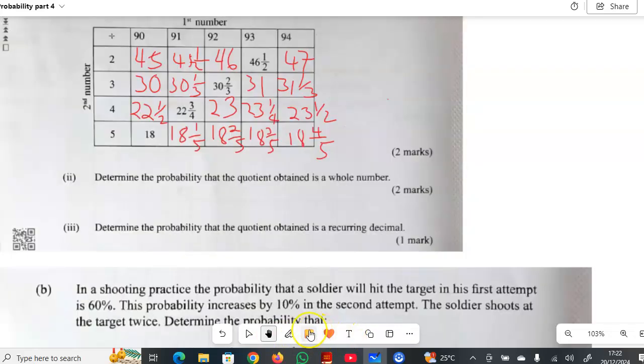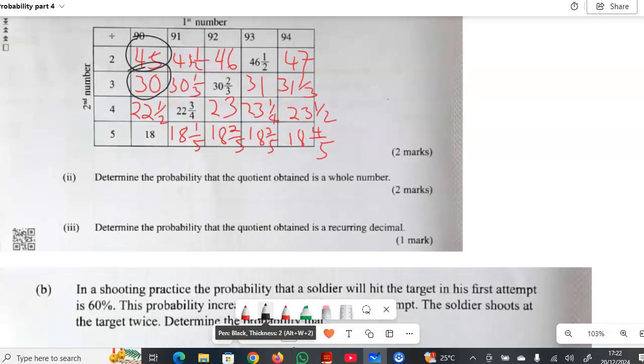Part B, we are required to determine the probability that the quotient obtained is a whole number. So out of the possibilities in the outcome space that we have, how many whole numbers do we have? That is the question. We have 1, 2, 3, 4, 5, 6, 7.